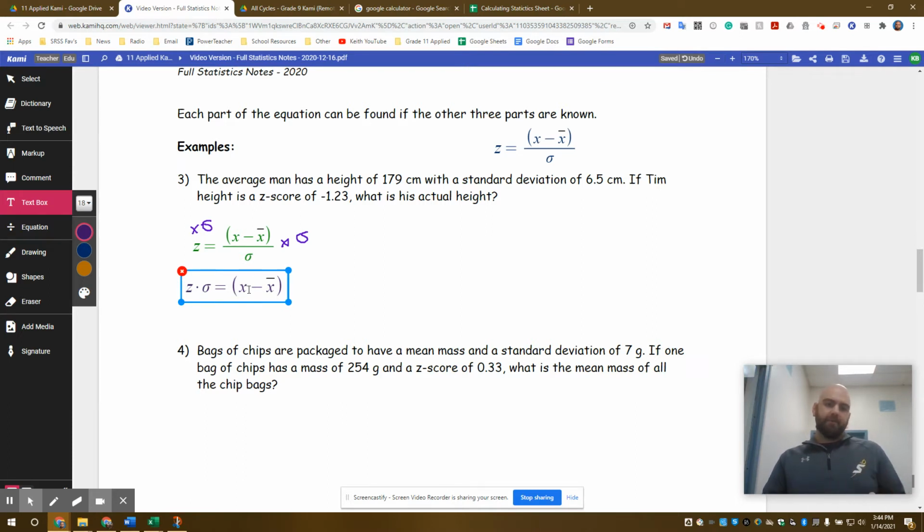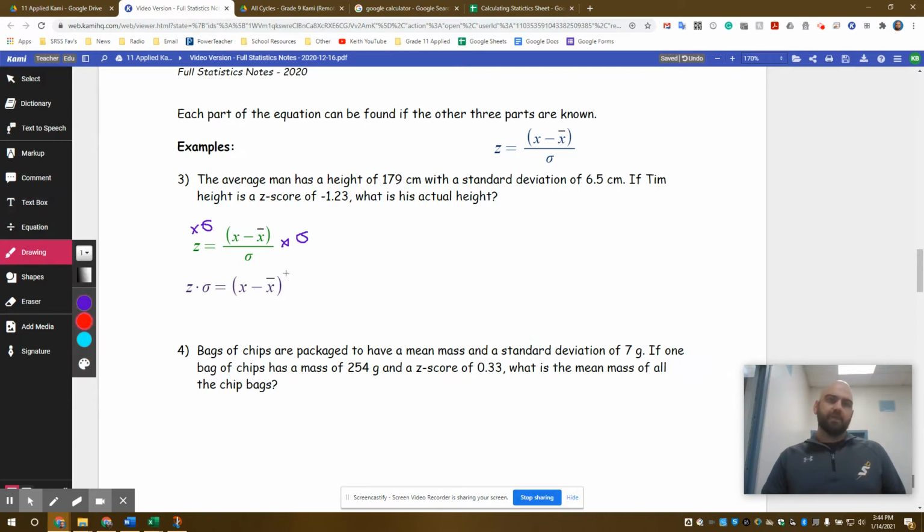Now we want to get x all by itself, so that means we have to add x bar to both sides. That'll get rid of it. Again, the brackets here are actually arbitrary. They don't really need them, so we'll get rid of them.